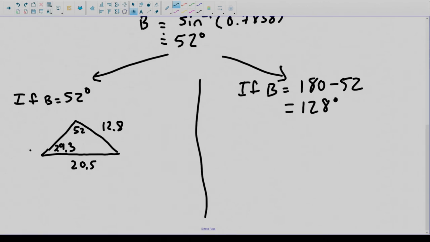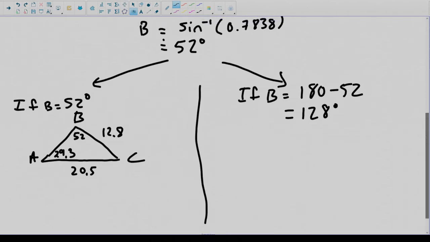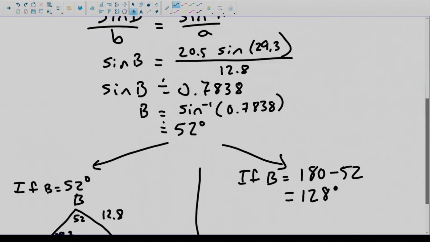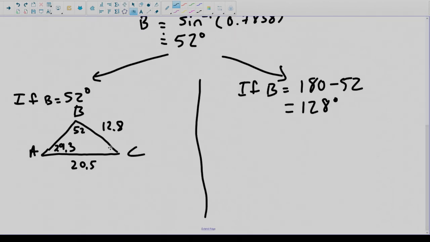Okay, so I think I had labeled that A, B, C like this. I'll just double check that. Okay, so we can now find this angle, right? So angle C is equal to 180 minus 29.3 minus 52, which gives approximately 99 degrees.